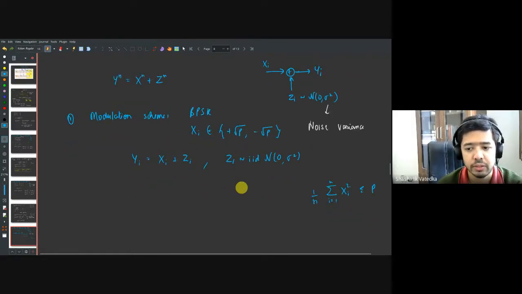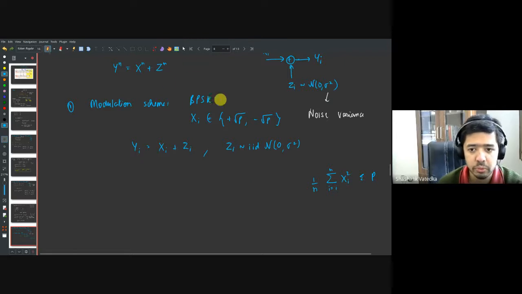Okay. Now maybe you want to use a different modulation scheme.